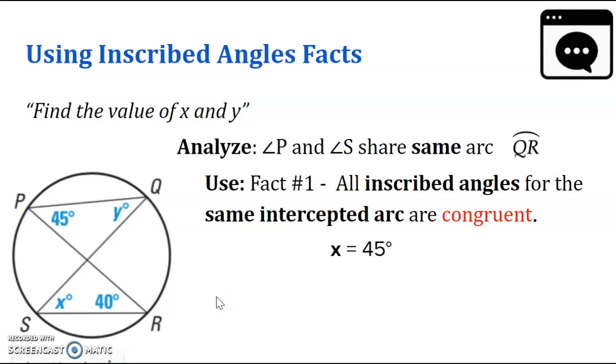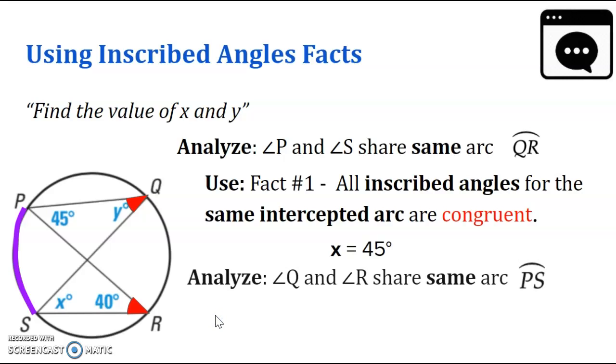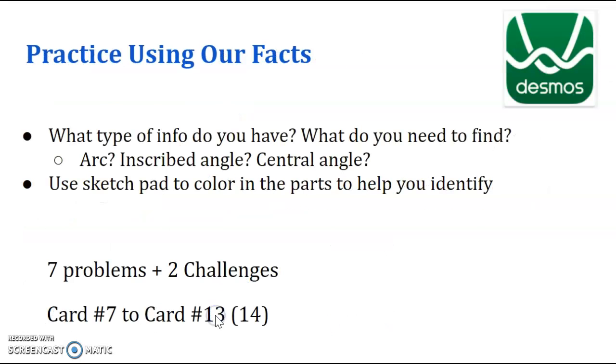Now what about angle Y? Well, we know that arc PS is shared by inscribed angle Y and this angle right here, angle Q and angle R. So they have to be congruent, and so Y is equal to 40 degrees. Okay, now you're going to be exploring cards number 7 to 13.